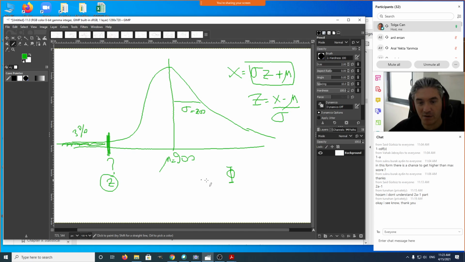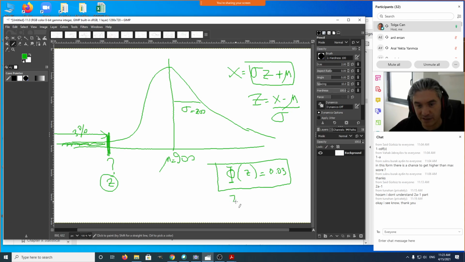Now all we need to do is find this particular z in which the area to the left-hand side is going to be 0.03. So we have to look at the table in such a way that we look at probabilities, and we find a location where the probability is 0.03.